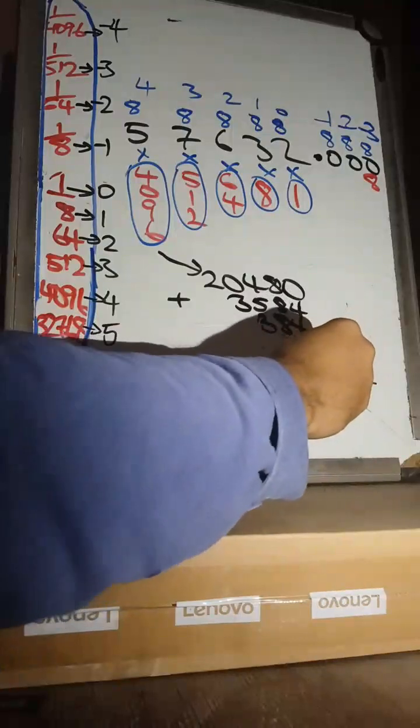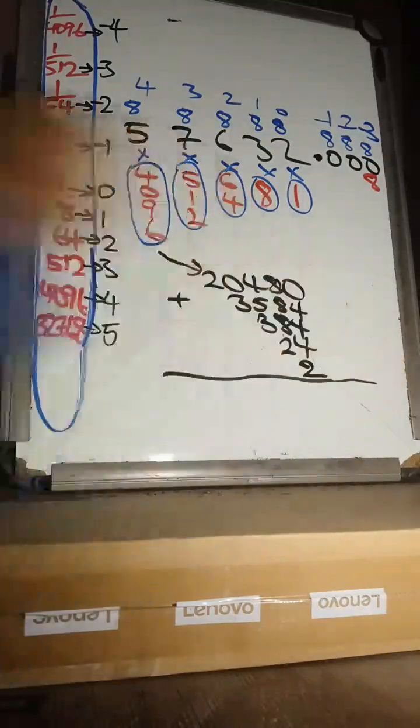And then the last one, 2 times 1. Yeah, that's it. So now I have 3,584 plus 384 plus 24 plus 2. And then we just take that and add it to 20,480.